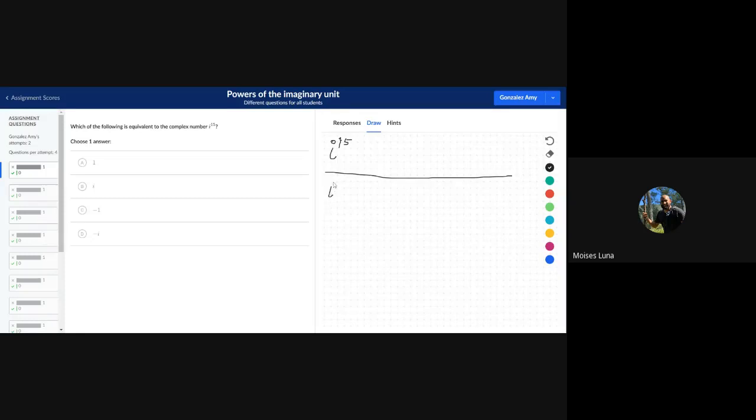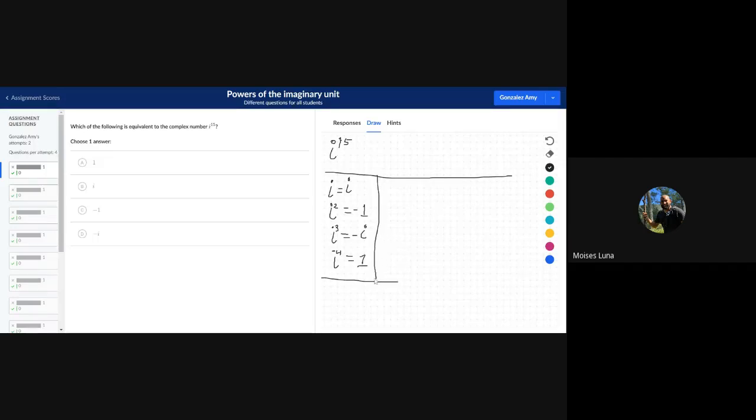This sequence is good to memorize, and you'll see why. i equals i, of course, and then i squared equals -1, and then i to the third power equals -i, and then i to the fourth power equals +1. And you'll see that sequence will repeat over and over.